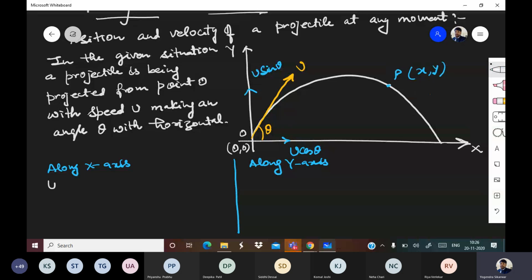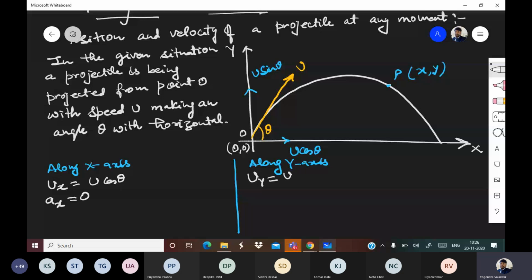So ux is equal to u cos theta. Is there any acceleration along horizontal? No. Ax is 0. Now along y-axis, uy is equal to how much?